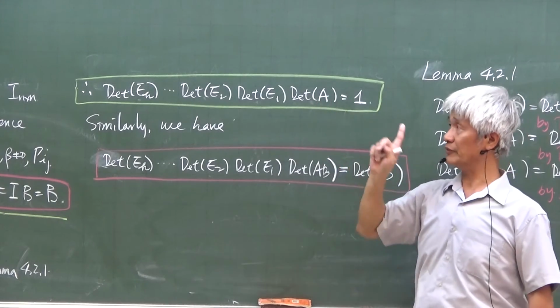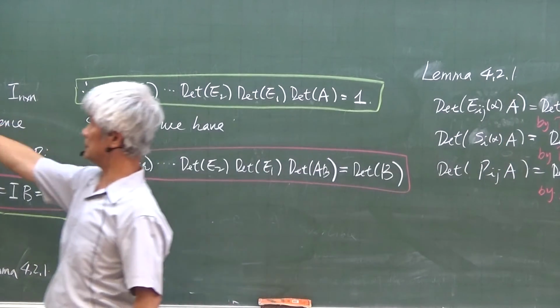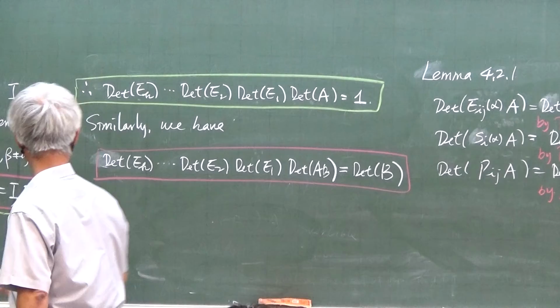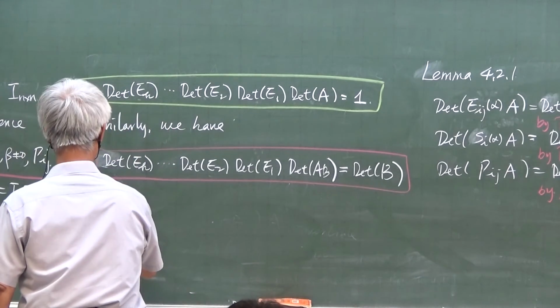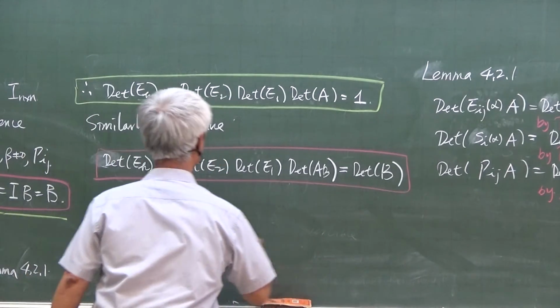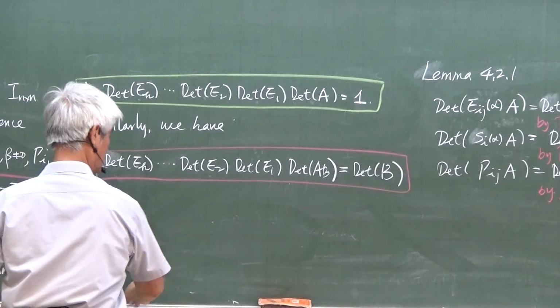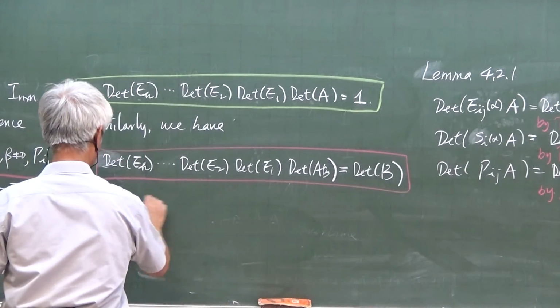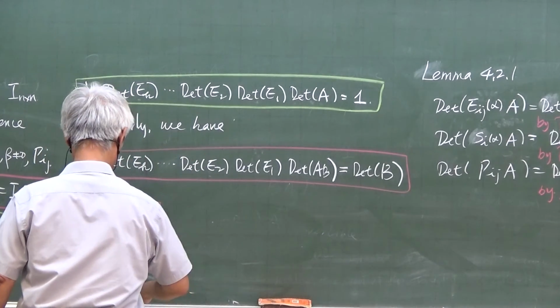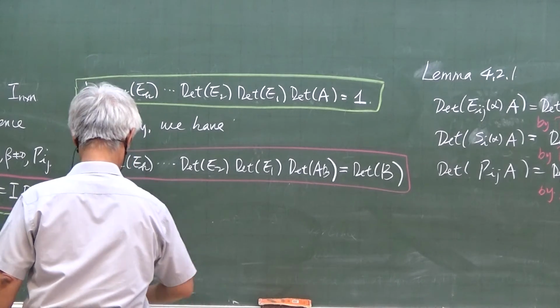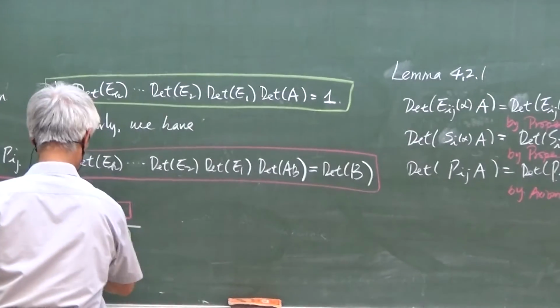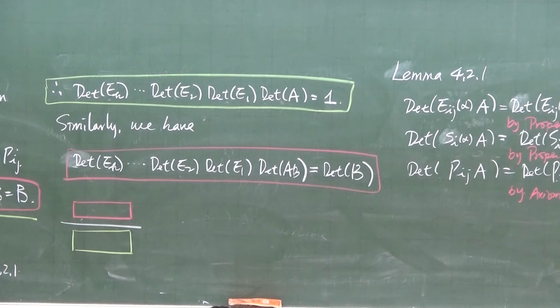Because A is invertible, so the determinant is non-zero. So we have the rate divided by the green. I'm sorry you don't have colored pens there.